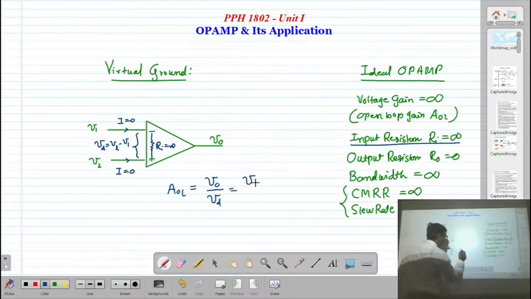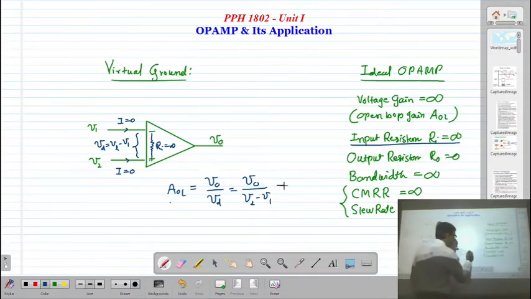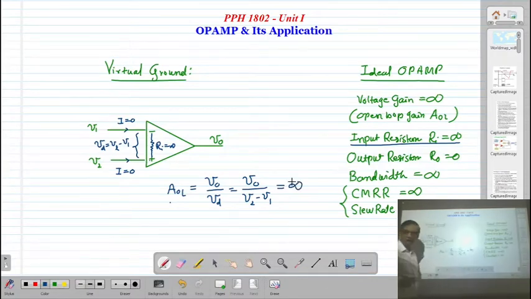So here we write VO divided by V2 minus V1. But when we consider the ideal op-amp, then what is the open loop gain? Open loop gain is infinite.